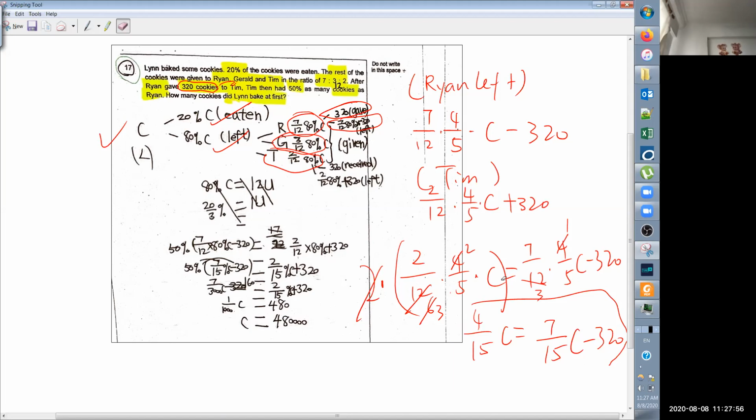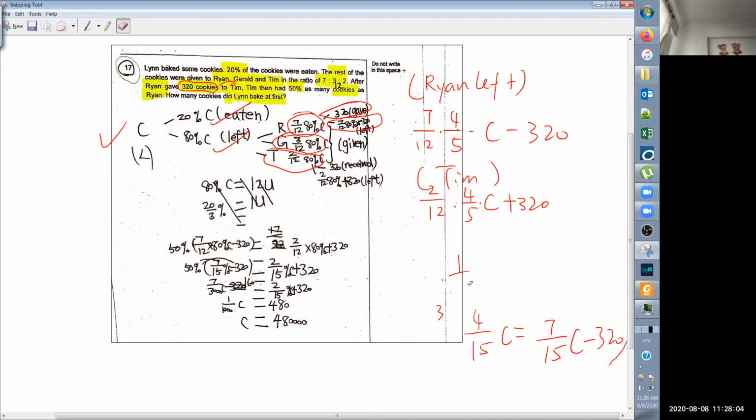So, wait. Let me redo this question. Sorry about it. Yeah, I just need to redo this part. Okay, so I just quickly do this first. So it's 60 plus 320. I must times 2. Then it will become this. So this is 28.